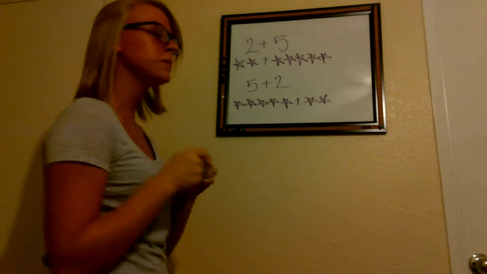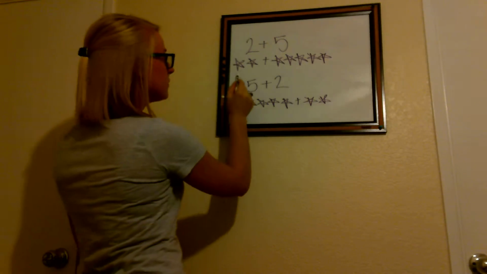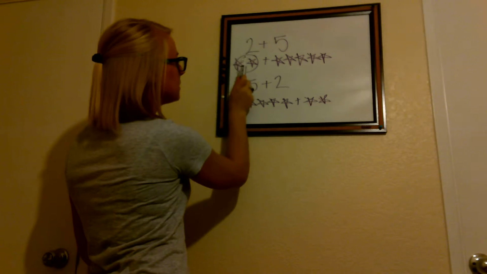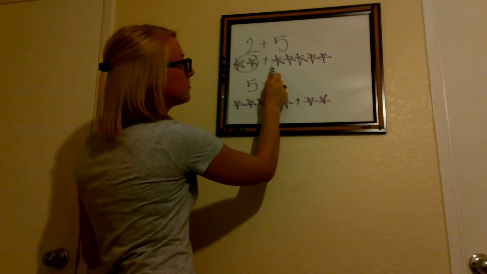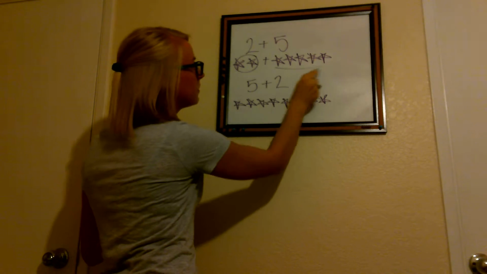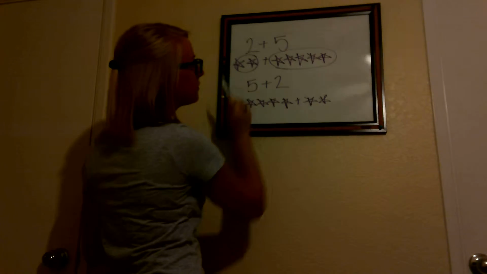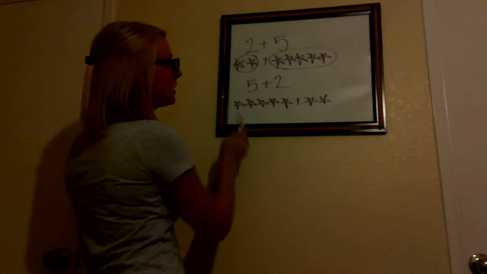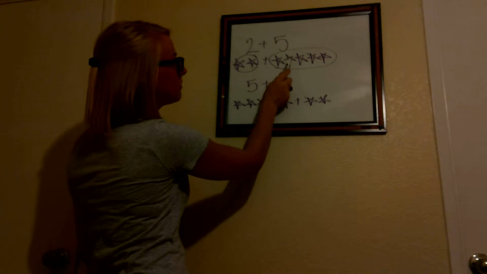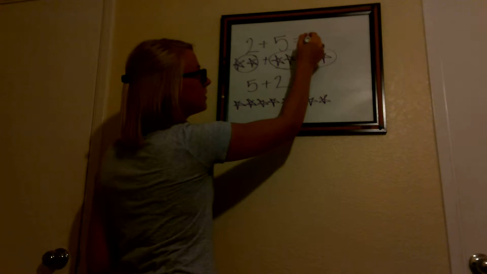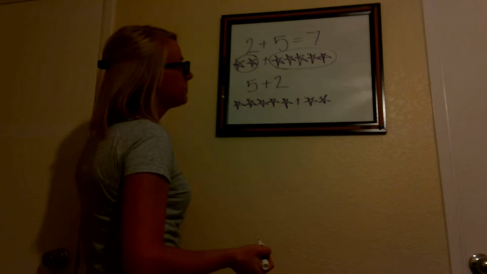So, let's count them. For the first one, I have a group of 2 stars. 1, 2. And then I'm adding a group of 5 stars. 1, 2, 3, 4, 5. So if we count them all together, 1, 2, 3, 4, 5, 6, 7. So 2 plus 5 equals 7.